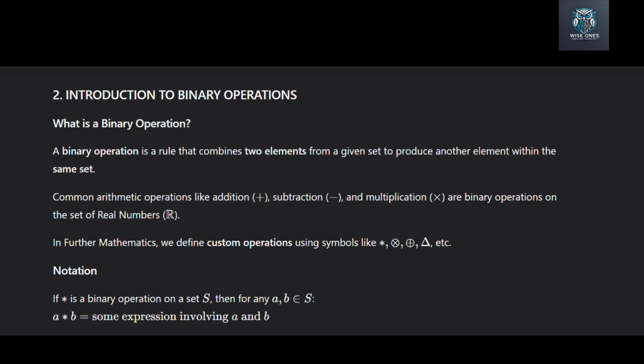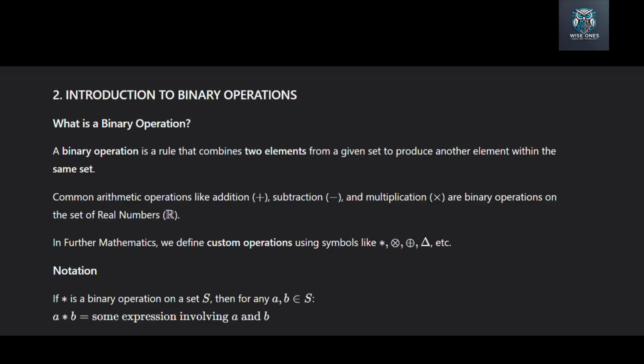In further mathematics, we define custom operations using special symbols. You might see a star symbol, or a circle with a cross inside, or a circle with a plus inside, or even a triangle. Do not let these symbols scare you. They are just rules. Let us look at the notation.